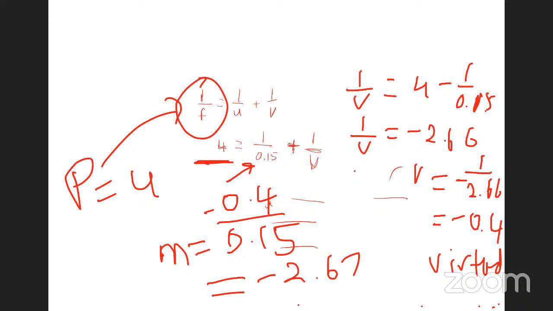If you're just working with F and U and V, it could work in centimeters. But make sure when you're finding your value for power, it has to be in diopters, which is meters to the minus 1. Sorry about the handwriting, everybody, the pen is not working.